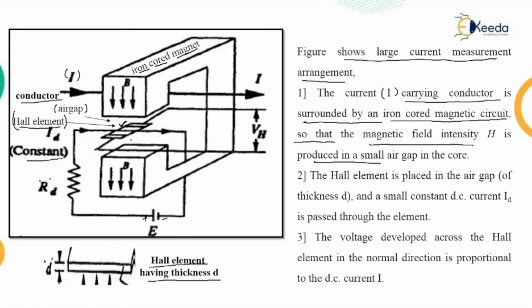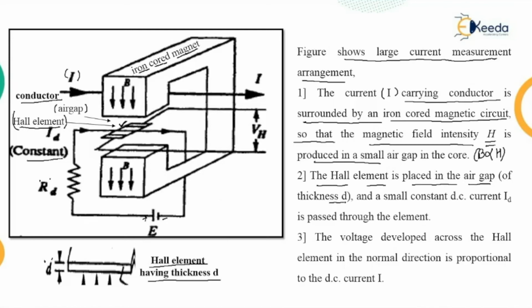In between the small air gap, like a flux density, there is a development of field intensity. As we know, flux density is directly proportional to field intensity. The Hall element is placed in that air gap.